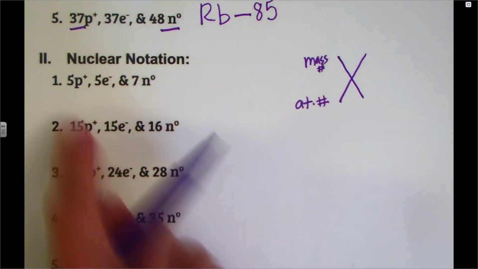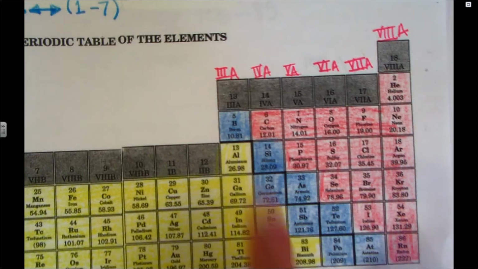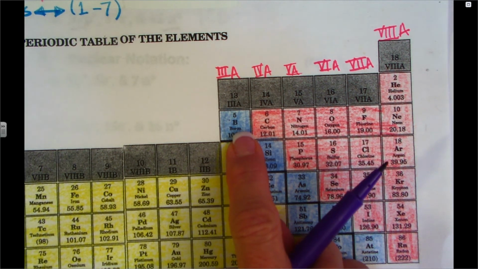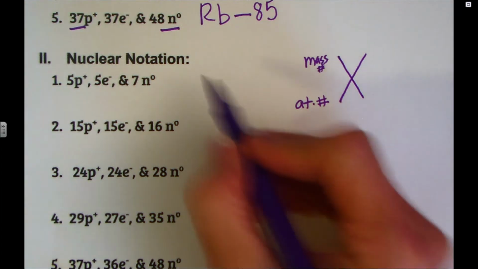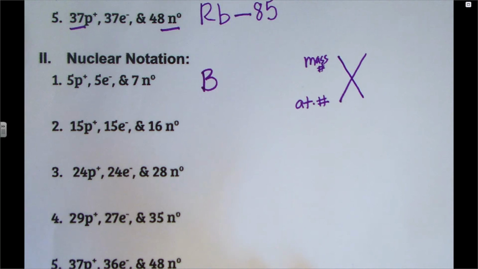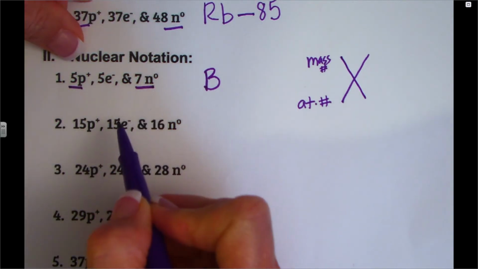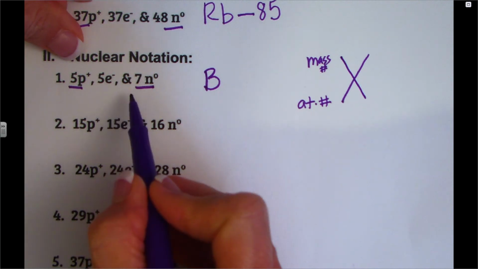All right, so again, we have to figure out who it is, so look at your protons. Just like we did a while ago, the atom with 5 protons is boron. So for number 1, we're going to put B. Now, the mass number: you're going to add 5 plus 7, and we already did that with the hyphen notation, same numbers we used a while ago.